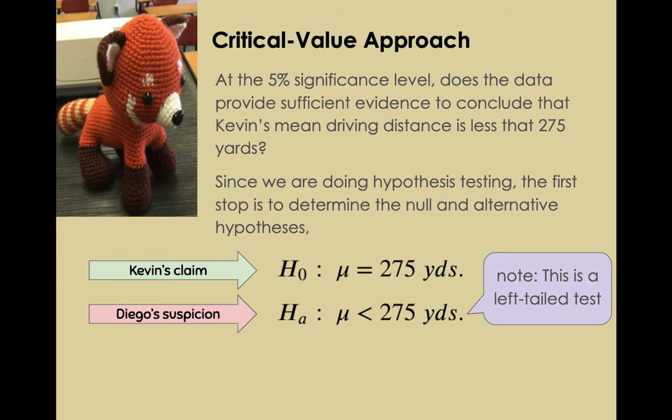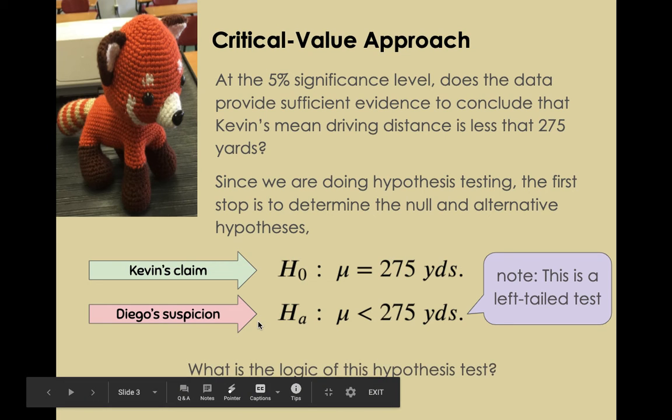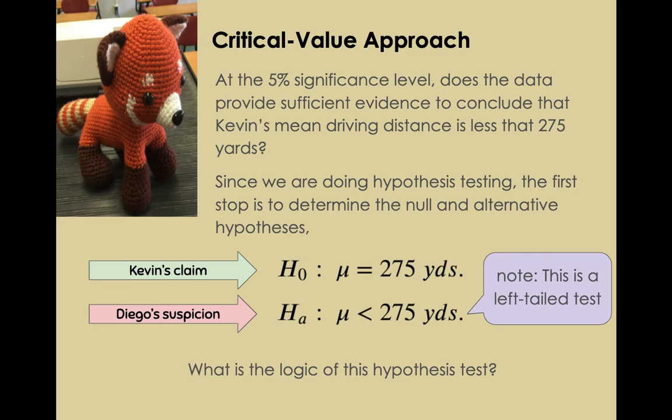That's what Diego suspects, and that's what we're trying to say. Is there enough evidence to support Diego's suspicion? If the sample mean is not close enough to 275, is it far enough away that we can support the idea that mu is less than 275 yards?